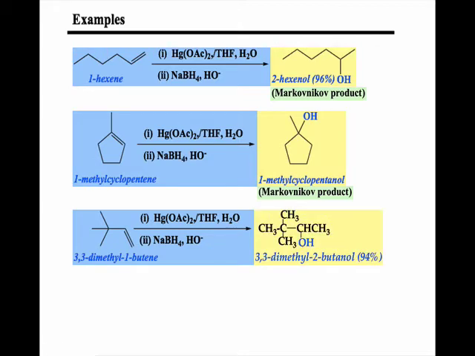You get greater than 90% yield. You get the Markovnikov product, but there's no rearrangement. If you were to do this reaction in the presence of sulfuric acid and water, you would actually get a rearrangement. Now, what I want you to do before you come to class on Friday is work out the mechanism with the rearrangement for this reaction.